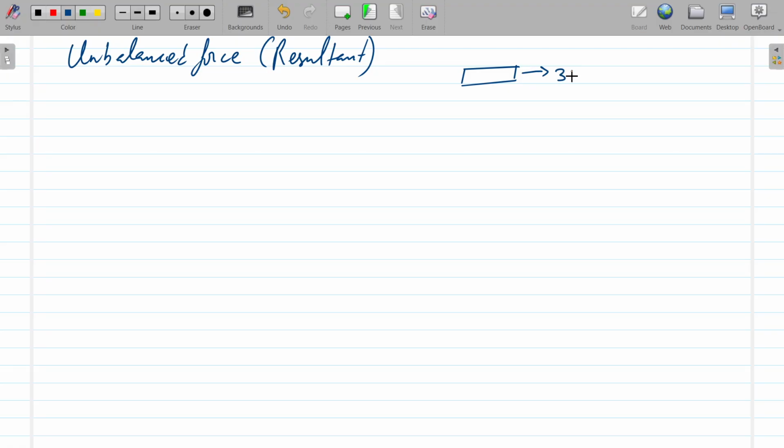So there's a 3 Newton force and a 4 Newton force, and they're both acting in the same direction. And so in that case you will add them up and you will get a 7 Newton force acting, in this case, to the right side.